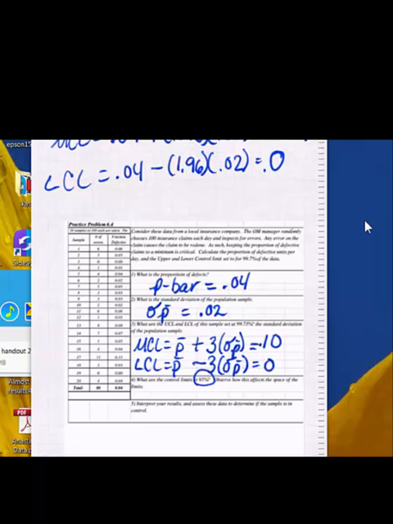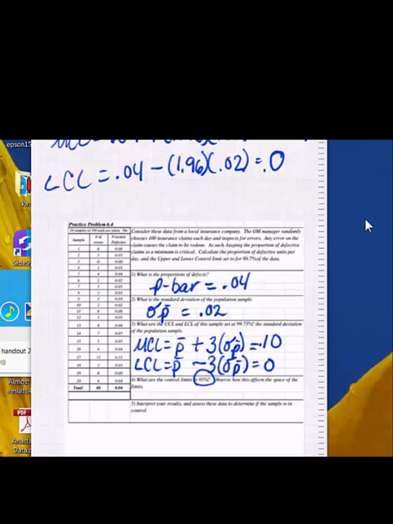We are reducing it down to only 95%. So we're going to allow our amount of defects to be higher. We're going from 1% essentially to 5%.